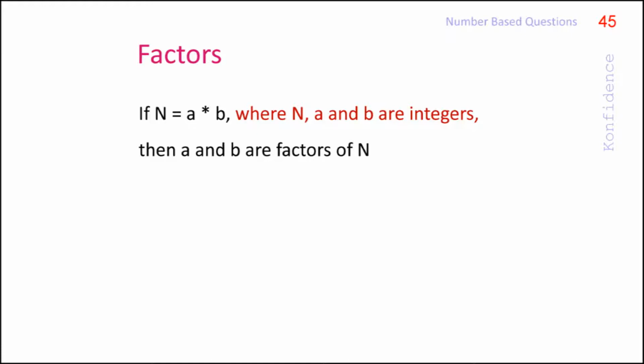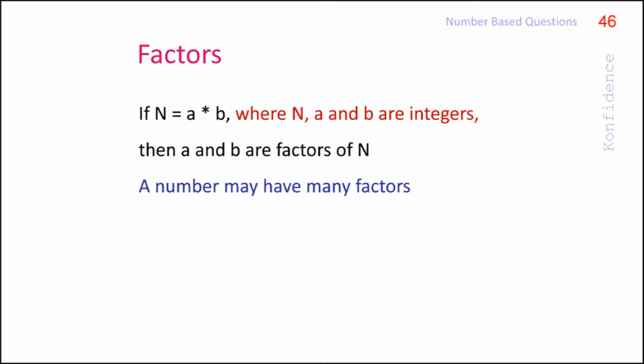For example, 4 is a factor of 20 because 4 divides 20 exactly without leaving any remainder. 6 is not a factor of 20 because when we divide 20 by 6, we get a remainder of 2.